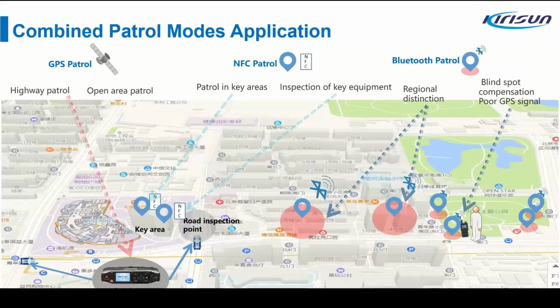This image shows how to deploy the patrol points in a big industrial park. In open areas, such as a highway, GPS patrol points can be deployed and the patrol task executed by a mobile radio with GPS, such as the Kirisun M50.